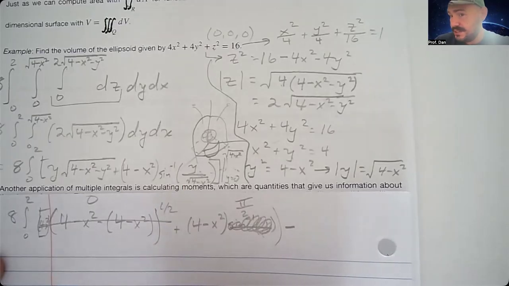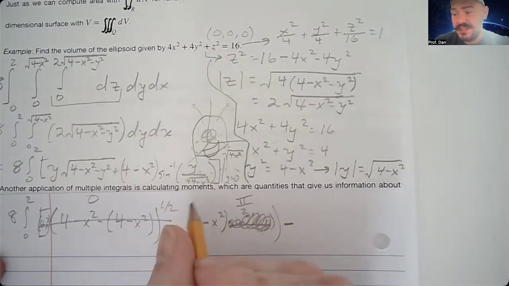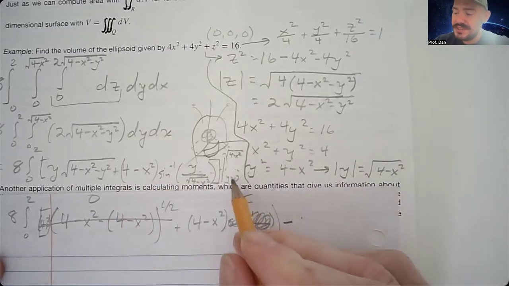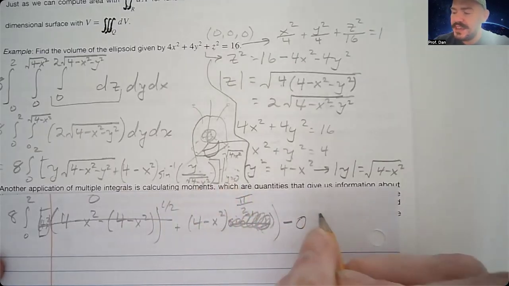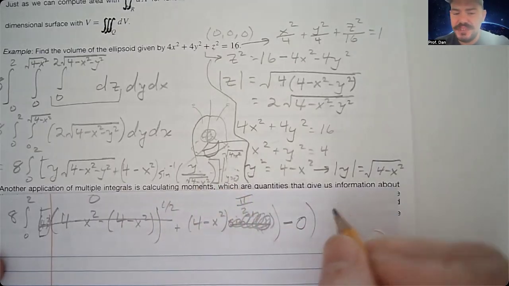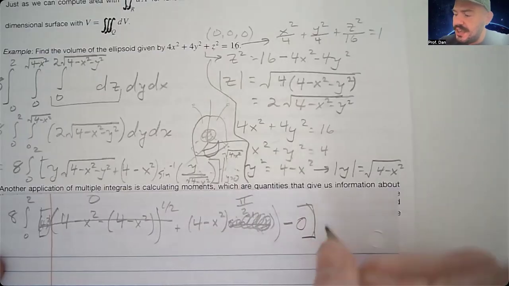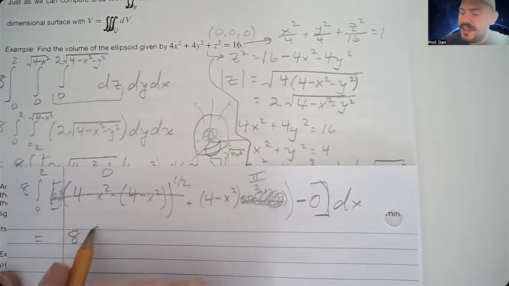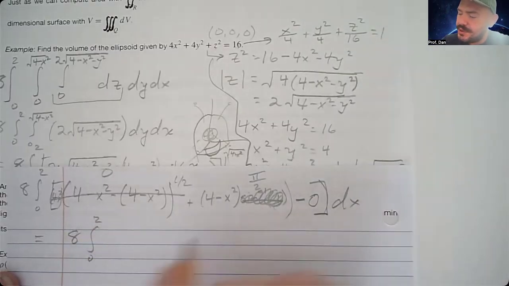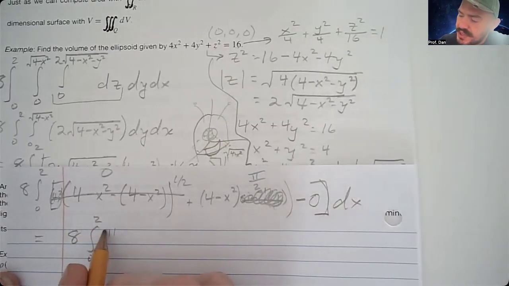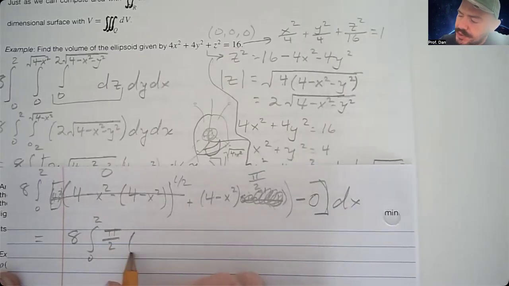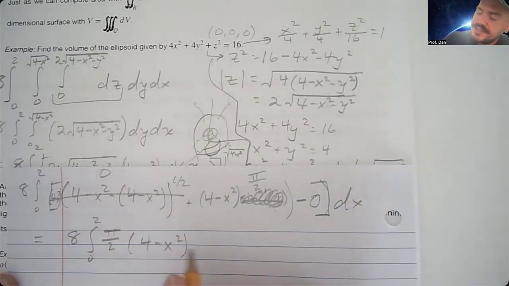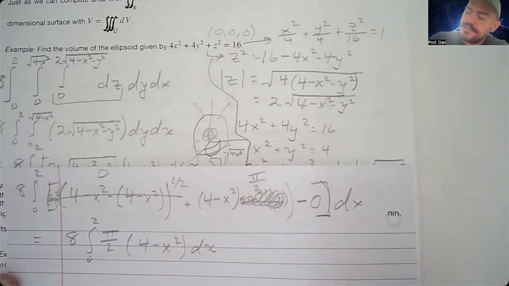Hopefully we all emphatically said 0, because that's true, which means that this term will also be zeroed out. So when I plug 0 in for y, I still get 0. That's pretty fun. And at this point, if I make this a little neater, we have 8 times the integral from 0 to 2 of basically pi over 2 multiplied by 4 minus x squared. Everything else in that integral was 0.